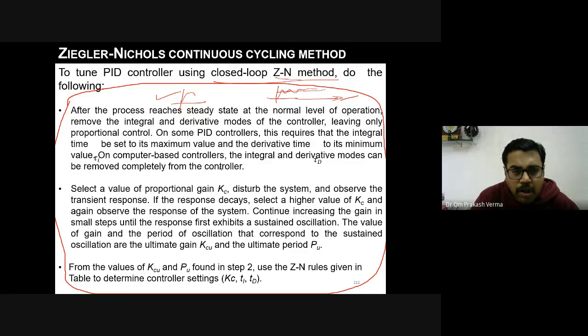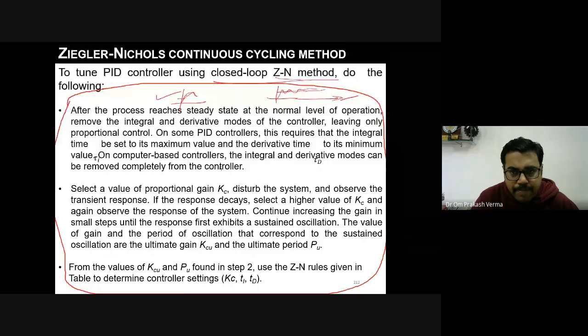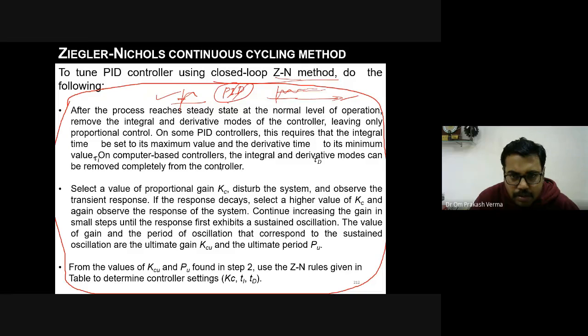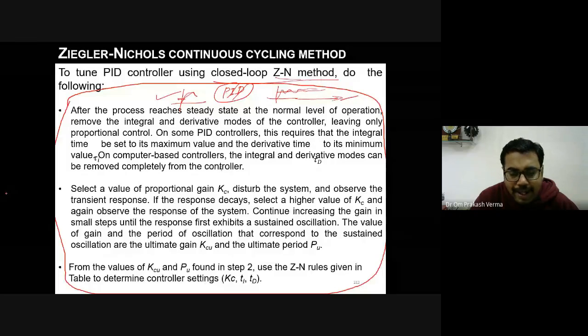What you have to do, once again I'm saying you, first you have to start the system, or let's say the system is already started, so wait for the steady state achievement. आपको उस समय तक wait करना है जब तक system steady state पे नहीं आ जाता. Once the system achieved the steady state, okay, then from the PID controller, remove the IND. Remove the IND. Now tell me how the IND will be removed, please.